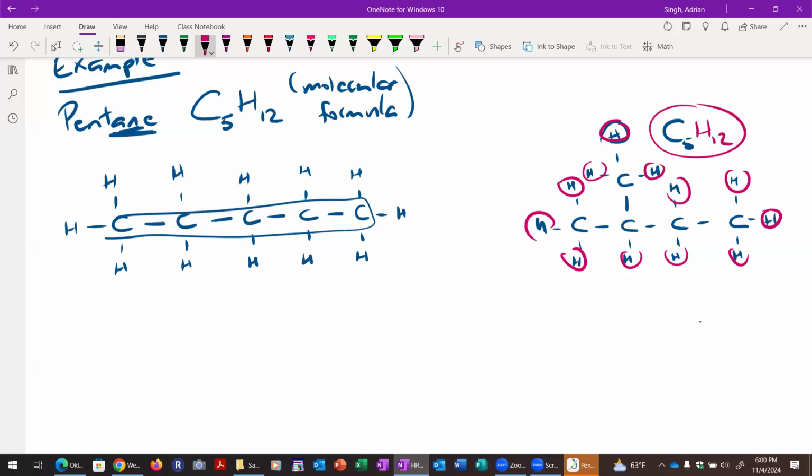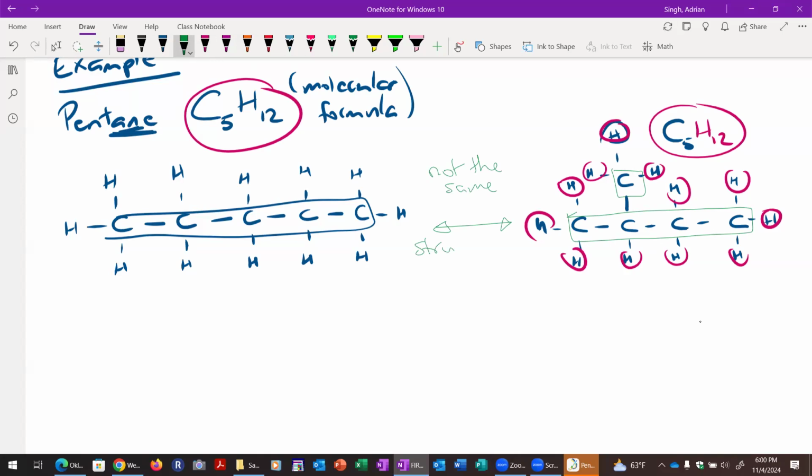So the molecular formula is the same, but this structure is different, because now instead of having 5 in a row, I have 4 in a row, and this one is poking out like a branch. So they're not the same. Even though they have the same chemical formula, they're different structures.